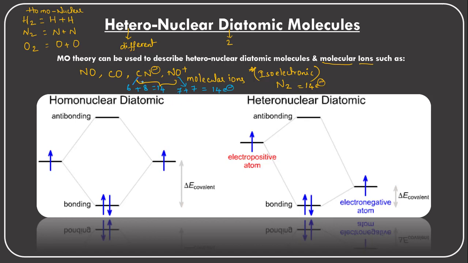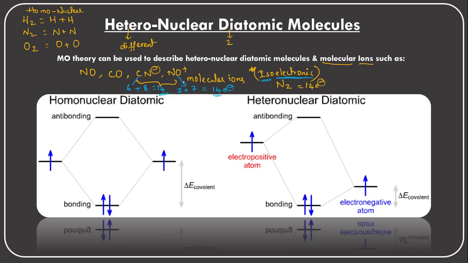So the total number of electrons in the cyanide ion is 14, the nitrosonium ion is 14, and similarly the N2 molecule is also 14. So these kinds of molecules are called isoelectronic species, isoelectronic heteronuclear diatomic molecules.